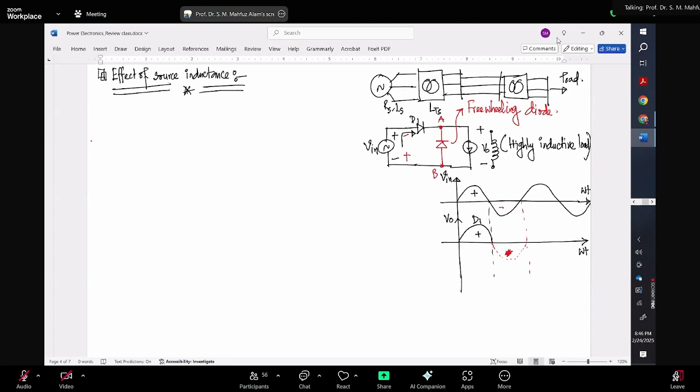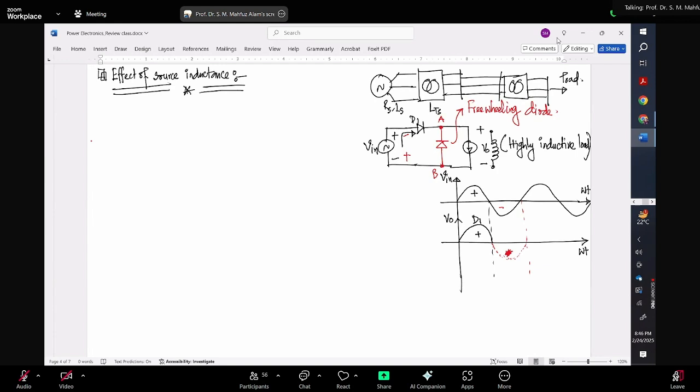So in this portion also, although the polarities will be reversed, this reversed portion will still appear across the output, and your average value will be 0. In order to avoid that situation, we can introduce a freewheeling diode between the terminals A and B.